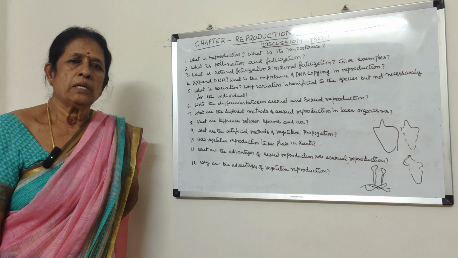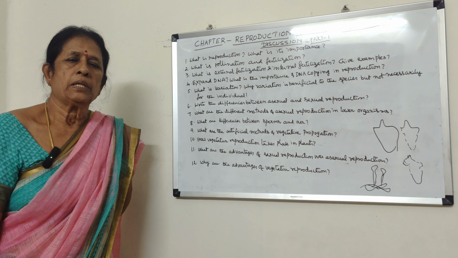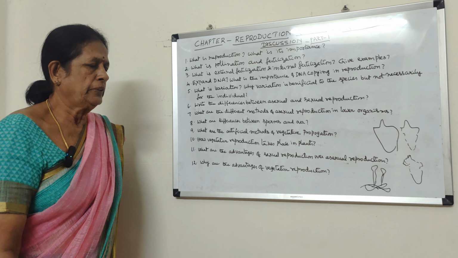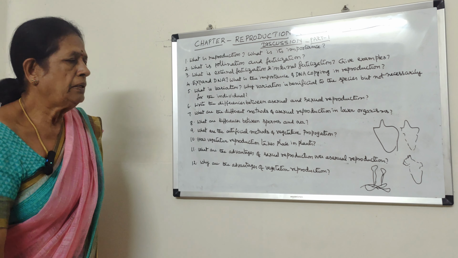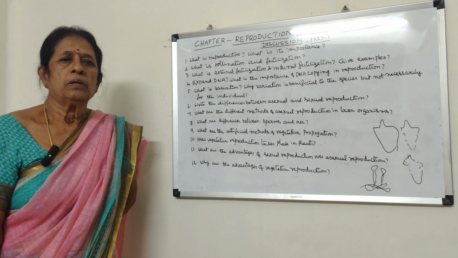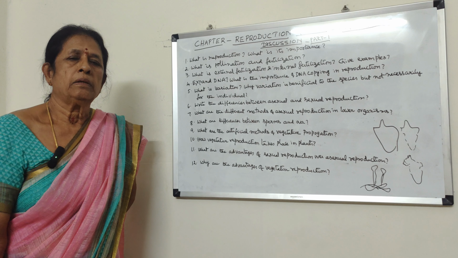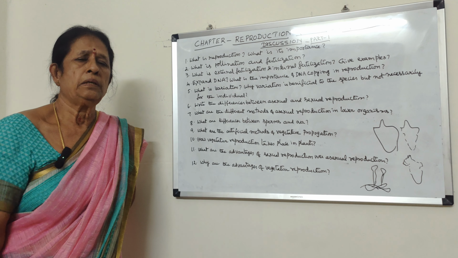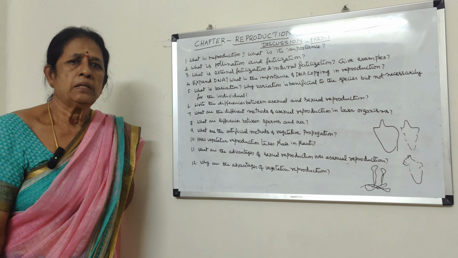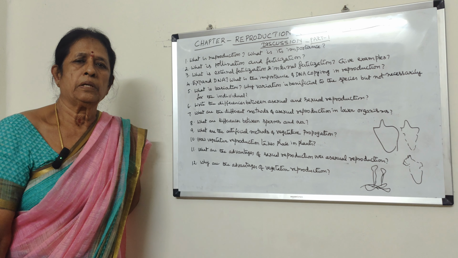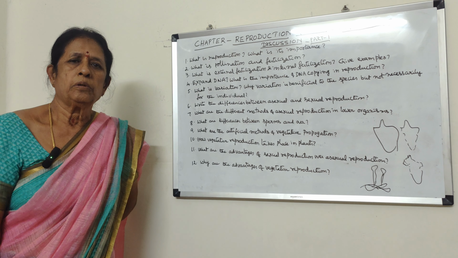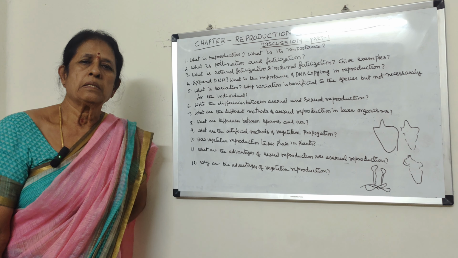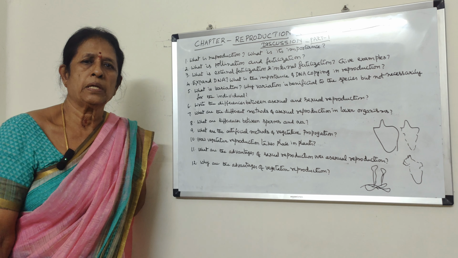Both stock and scion in course of time unite together and form a new plant. That method is called grafting. That means scion and stock are allowed to grow together, where the scion has good, beneficial characters, and the stock also has good characters.